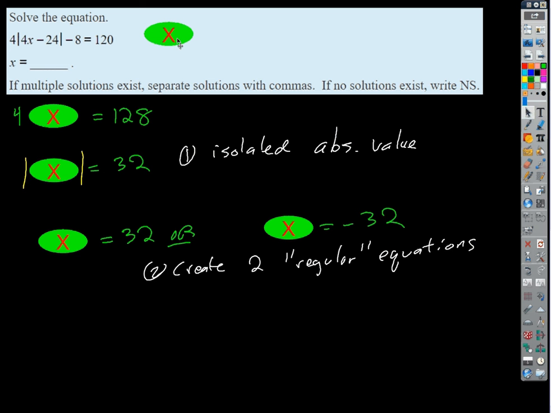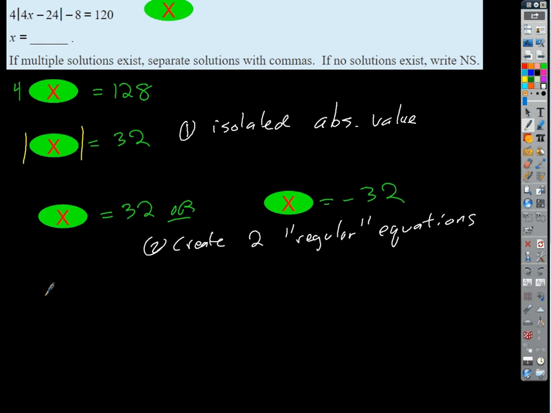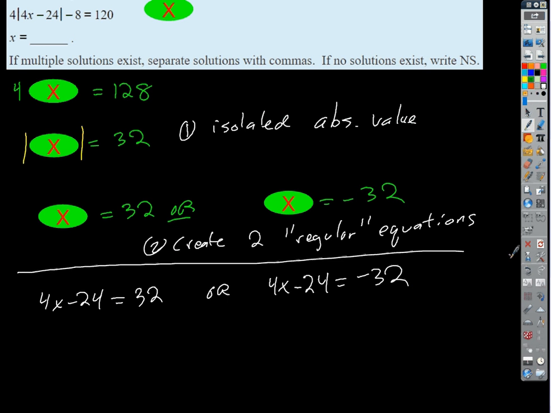So finally, we can come down here and say, all right, 4x minus 24 equals 32, or 4x minus 24 equals negative 32. And then finally we get to do the algebra. Now we solve for x.